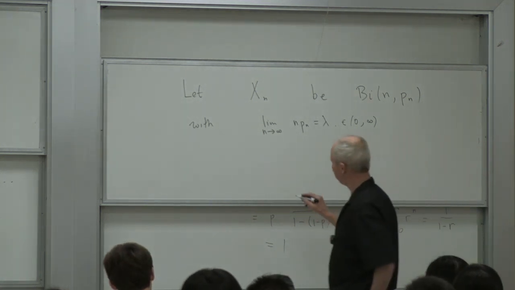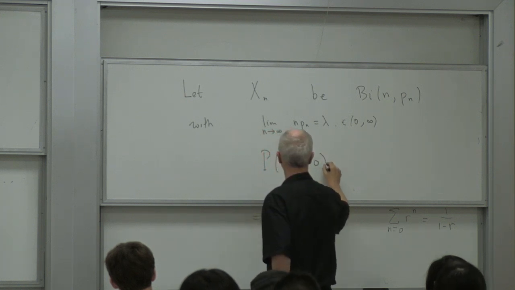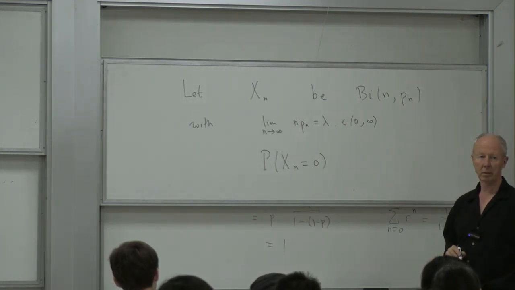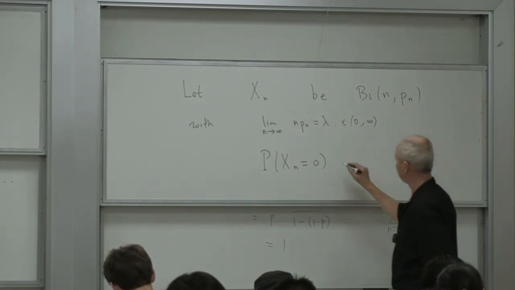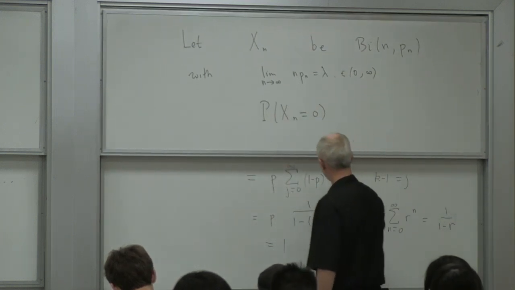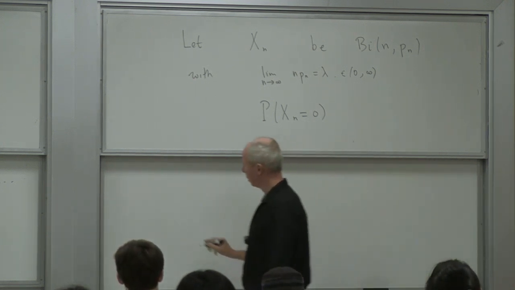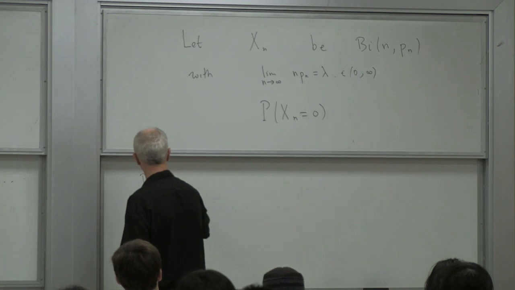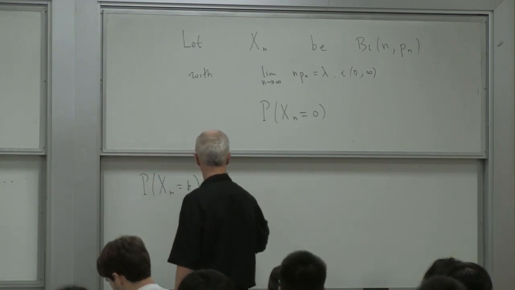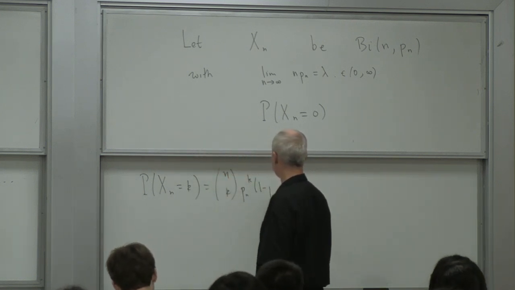Let's compute the probability that Xn is 0. Well, what do we recall about binomial? In this case, it's p sub n to the k, 1 minus p sub n to the n minus k.